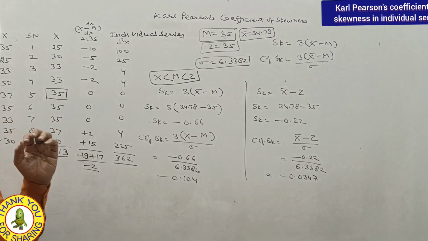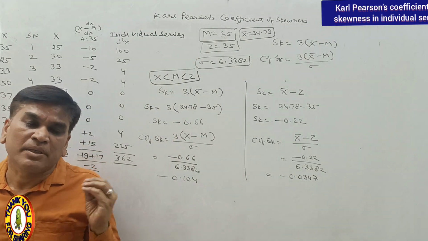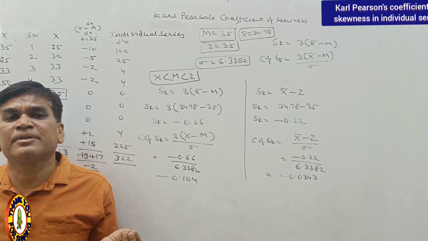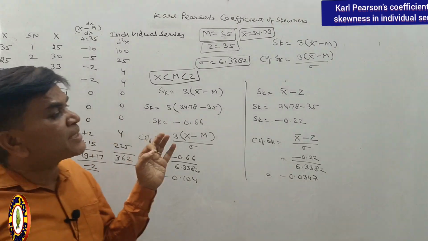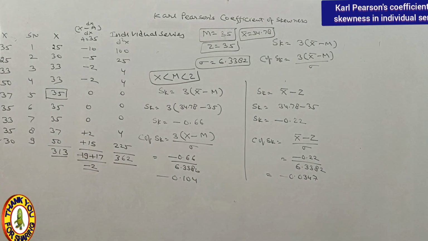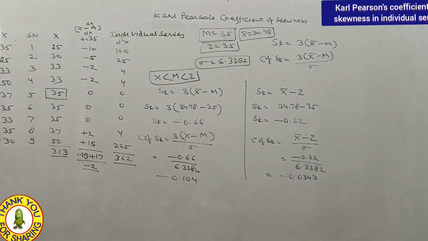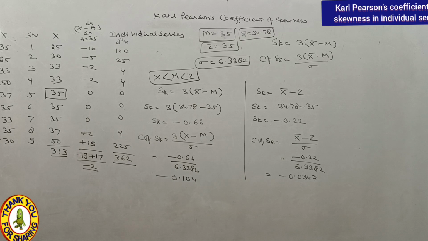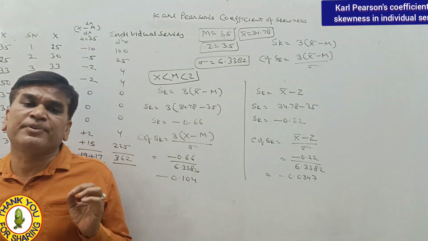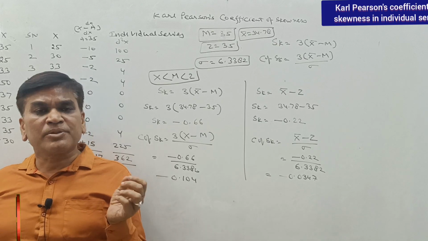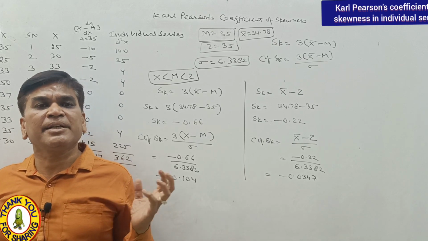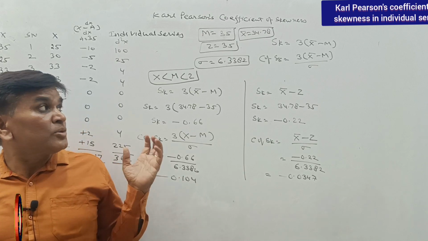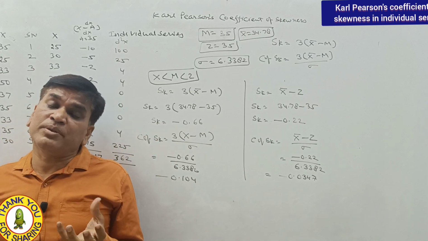So with the help of the Karl Pearson method, if you go step by step, no problem at all, you can easily calculate the Karl Pearson value. I have another example for the individual series, so that you may have perfection in calculating Karl Pearson skewness. This is not a tough job.